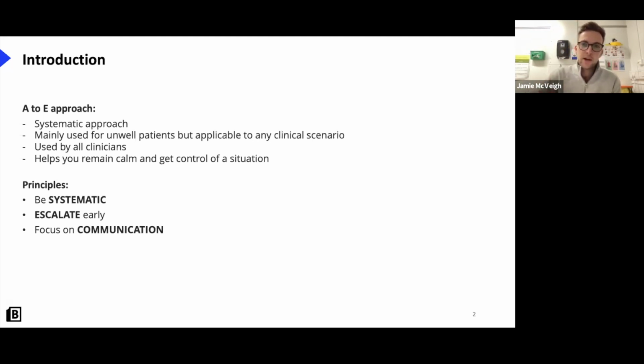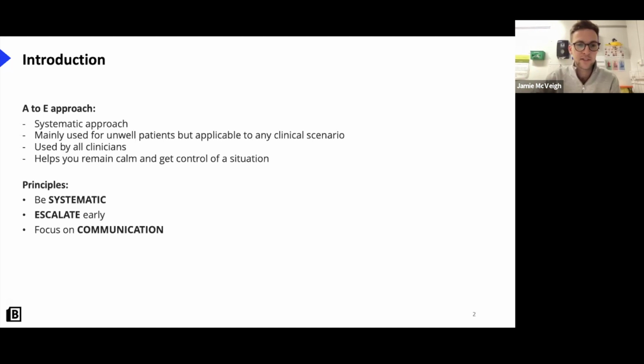Be systematic, work through it in order, ABCDE, escalate early if you're concerned at all. Please get help, okay? If it needs to be a peri-arrest, if it needs to be, that's not safe for the patient.